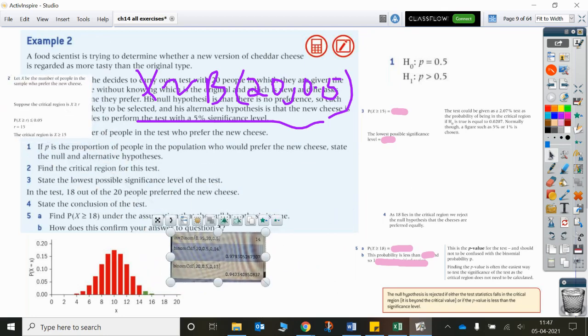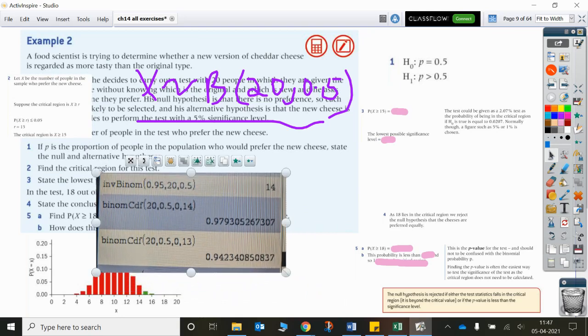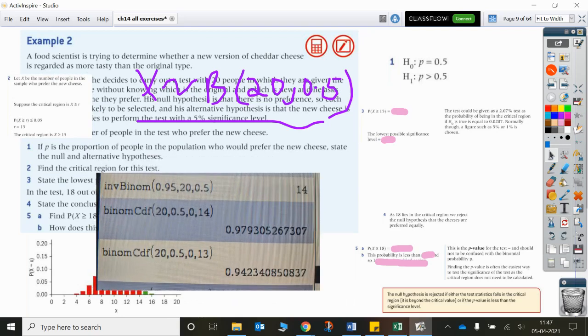So on my calculator before, when I was teaching this in class, I did this in reverse. So I did an inverse binomial distribution with 0.95, 20 as n, and the probability is 0.5. And I came up with the answer of 14 there.